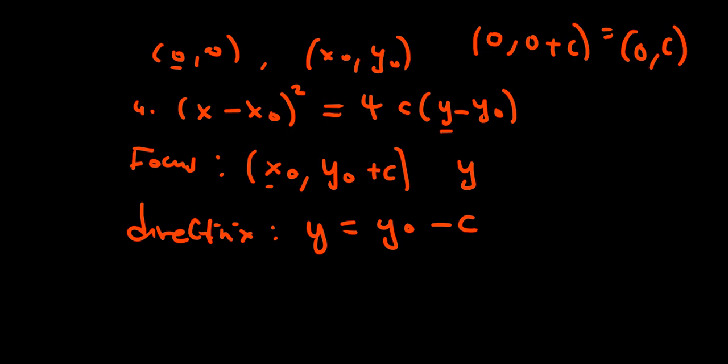So now let us answer a question on this. Let us do a question. Let us have an example. Okay, so our example, we are being given this equation: x squared minus 4x plus 2y plus 10 is equal to 0.